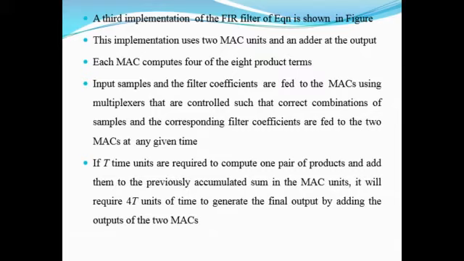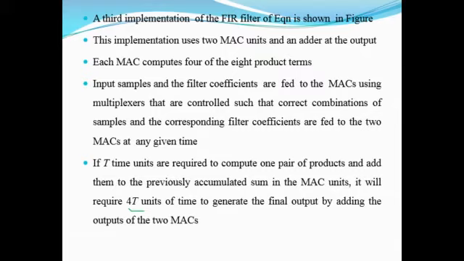And compared to the simple implementation using a single MAC unit, this is better in terms of computing time. So if t time units are required to compute one pair of products and add them to the previously accumulated sum, here it requires only 4 t units.